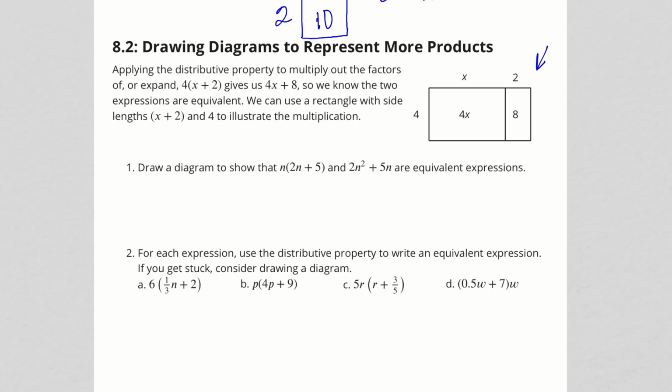You should have 2 blue rectangles that were the product of multiplying the 2. So 2 blue squares means you get rid of the green.